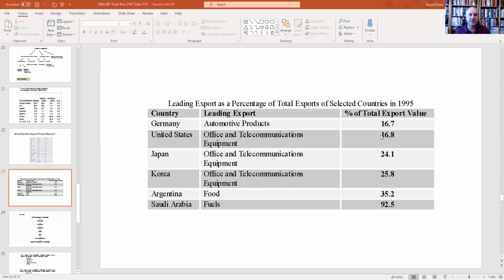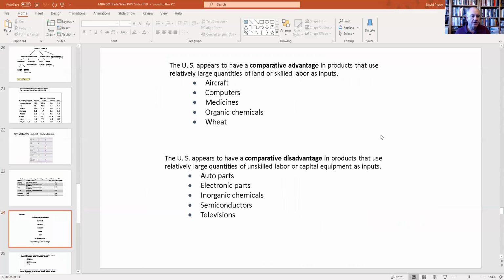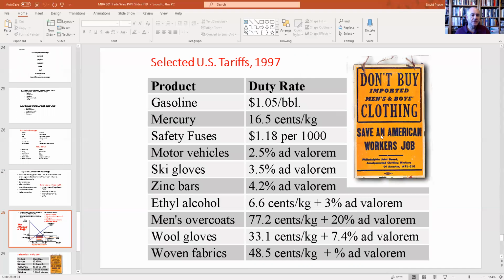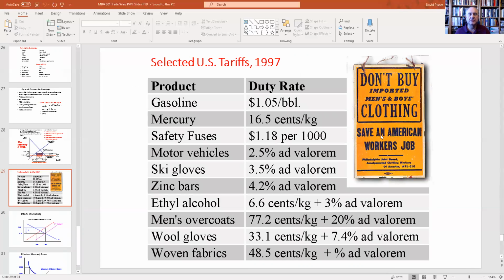I also have a little diagram down here. Let me skip down. This is what it looks like, and you can see they're all over the place. Some are ad valorem, some are per unit. And how do you get these particular numbers? Well, they're really the outcome of a political process. So when we get to that, we'll think about it in more detail.